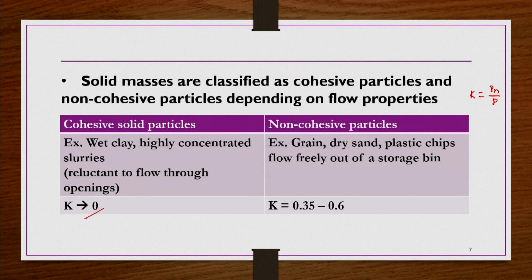So, for such cases the K value is close to 0. The ratio between the normal pressure and the applied pressure is going to be 0, that is, the pressure is not going to be distributed in all directions. In all directions it is not possible.